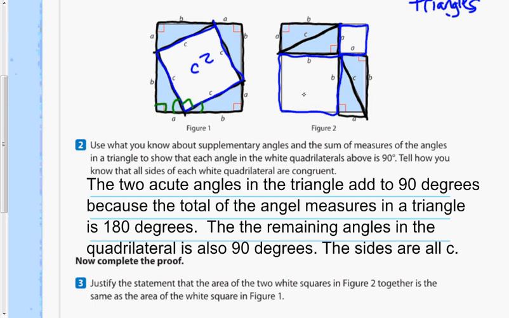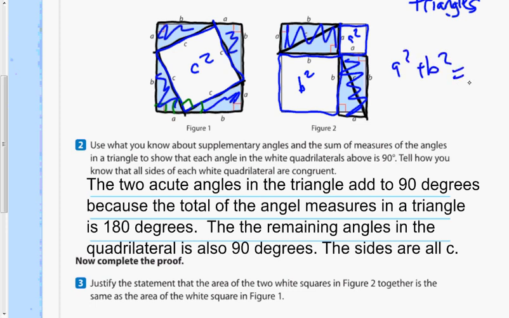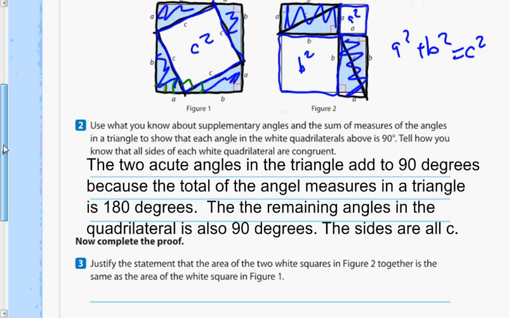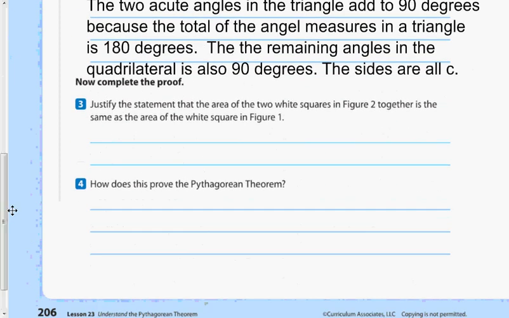And in this case, we have b squared and a squared to find the area of those, which means that since there's 4 triangles in both, whatever's left over has to be the same. So a squared plus b squared does equal c squared, because that's what's left over. That's what's white. The white space, if the 2 figures are the same, has to be the same. And that's showing it in a picture.